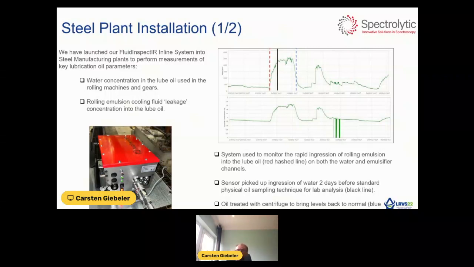So with our system, as I say, it reacts immediately, and you can therefore start taking reactive actions in the steel plant. Here, the blue line shows once they've detected a water ingress, then they switch on a centrifuge, and this then takes out the water again, and the system comes back to normal.